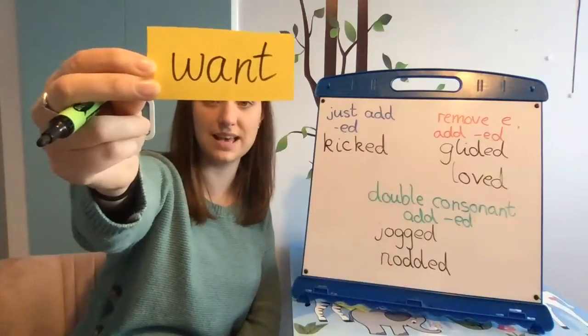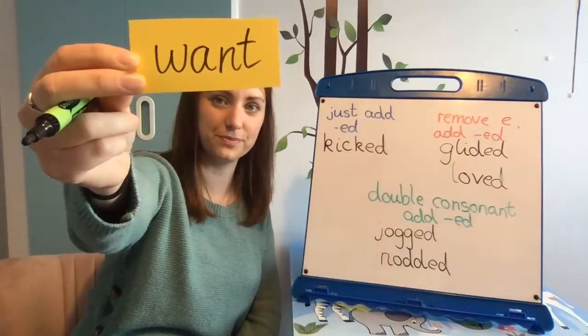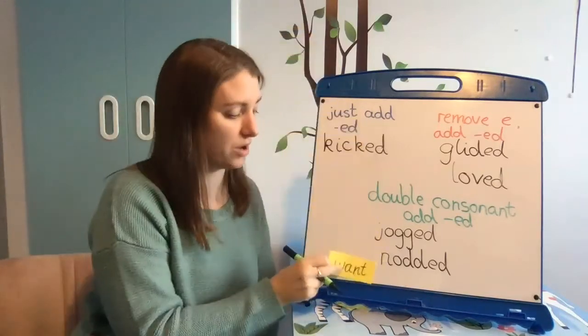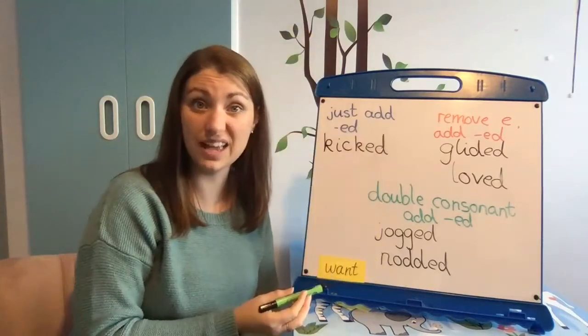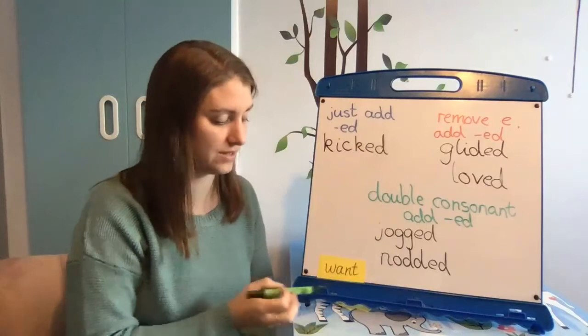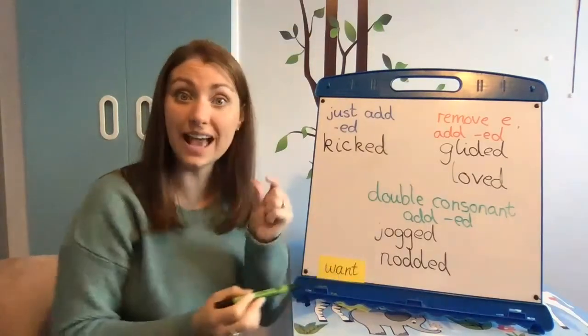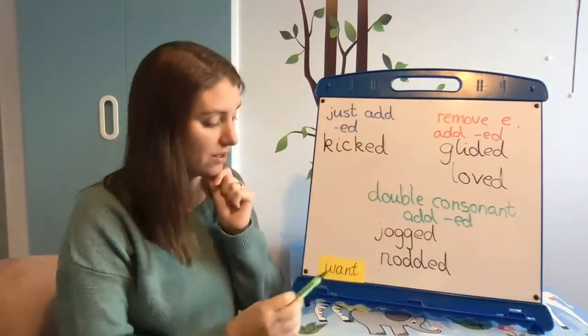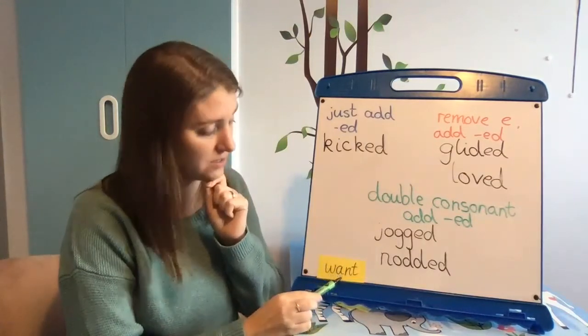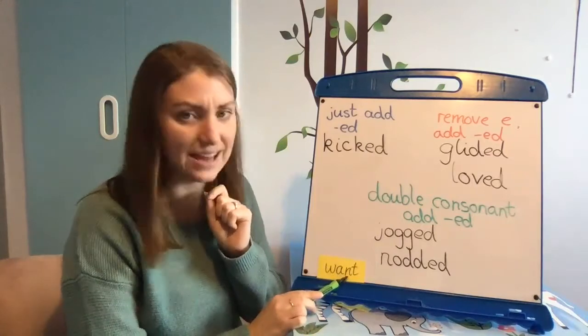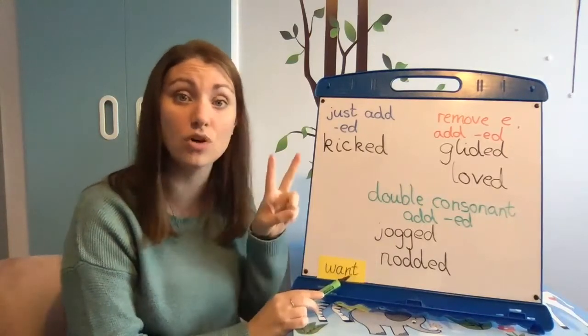Right, let's look at this one, shall we? What does this word say? Want. Is there an E on the end? No, there isn't. Is it a short vowel sound? Yes, it is. Is there only one consonant? Hang on, there's an N and a T. There are two consonants.